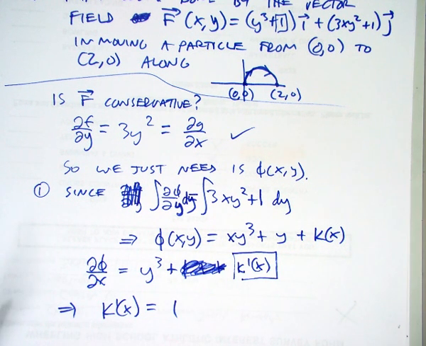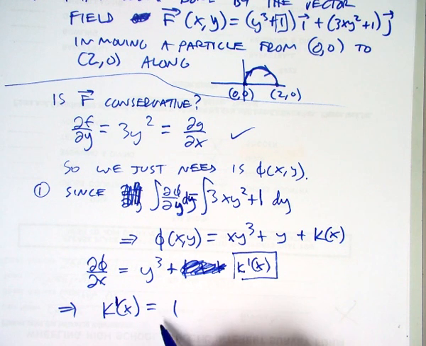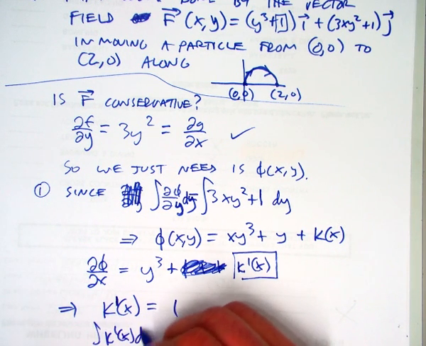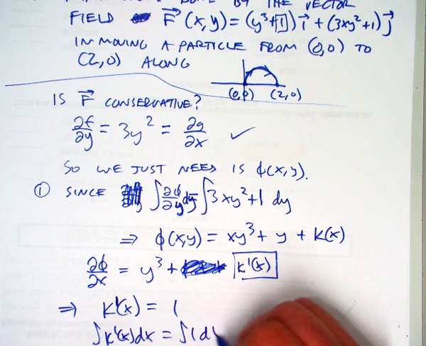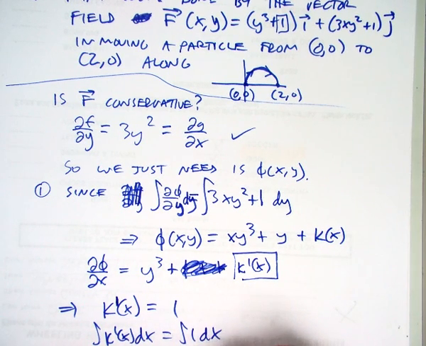I see. Chapter 13 is now in effect, right? All the chapters we've done coming into play. So k prime of x equals 1. So if we integrate k prime of x dx and integrate 1 dx, what do we get for k of x? x plus some other constant.